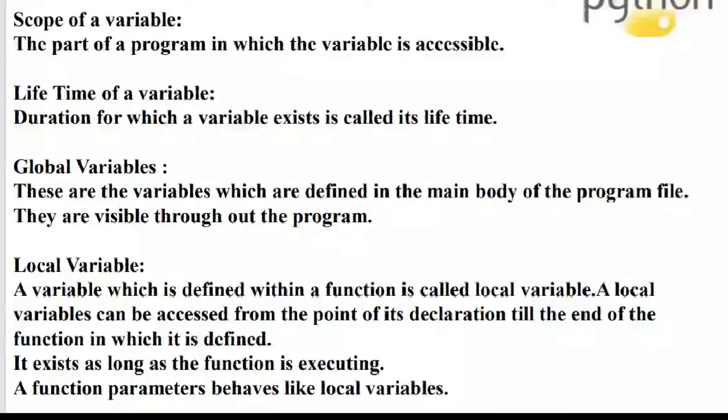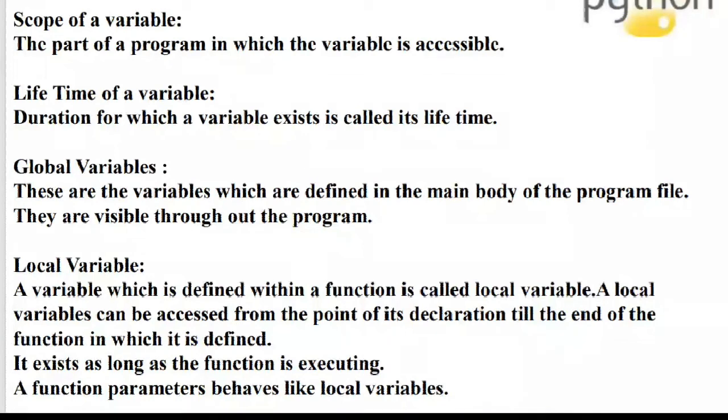Now, what is meant by the lifetime of a variable? Lifetime of a variable means how long the variable exists in the memory. Next, as I have already given you the differences between global and local variables, let us read through these lines. Global variables are the variables defined in the main body of the program file.